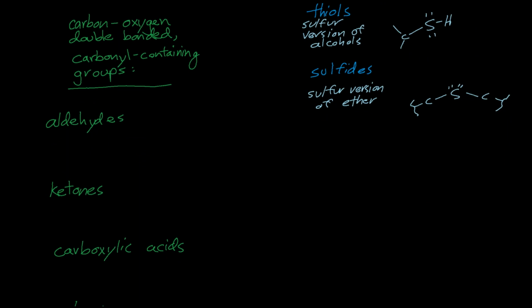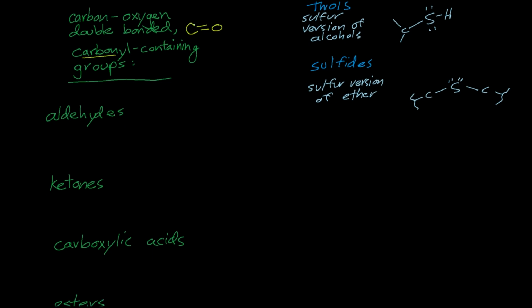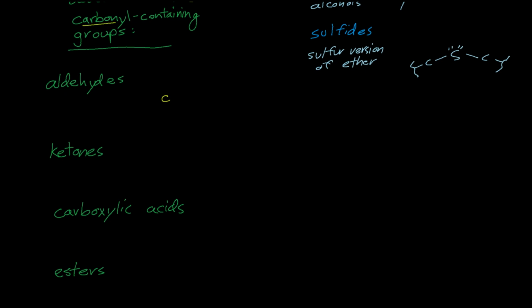carbon-oxygen double-bonded compounds. And so a carbon-oxygen double bond is called a carbonyl group. So there's a number of variations of this. Aldehydes are a carbonyl containing group connected to a carbon on one side and a hydrogen on the other.